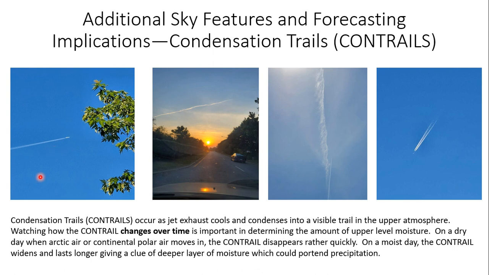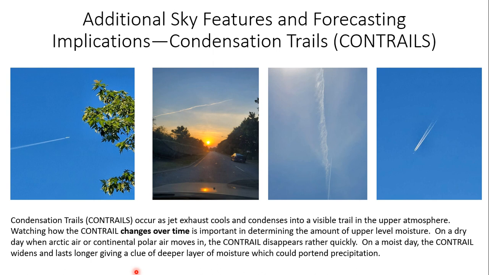You've got these airline planes flying at about 30,000 or 35,000 feet above us, and the jet exhaust comes out the back end of these, and as the heated exhaust comes out, it eventually cools and condenses and forms these trails across the sky. Now, what is so important about observing these?